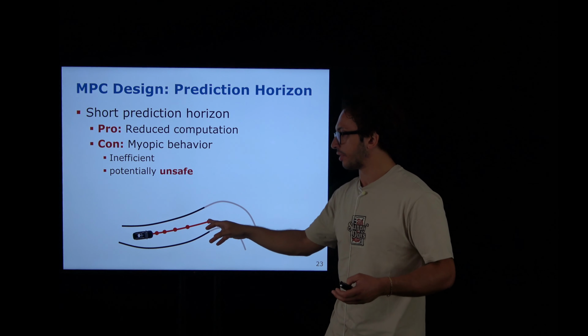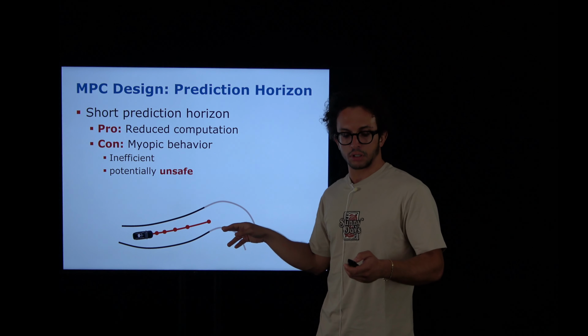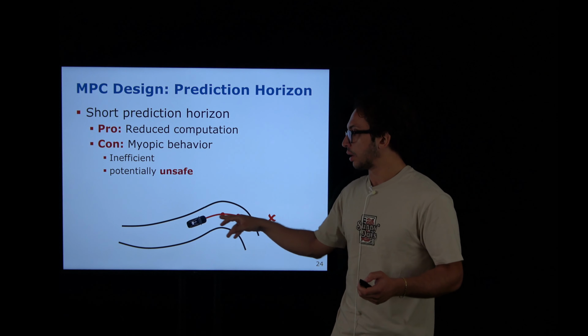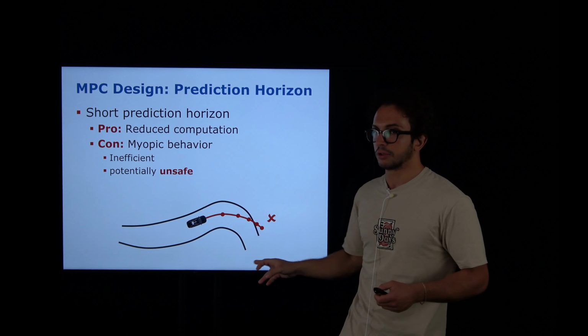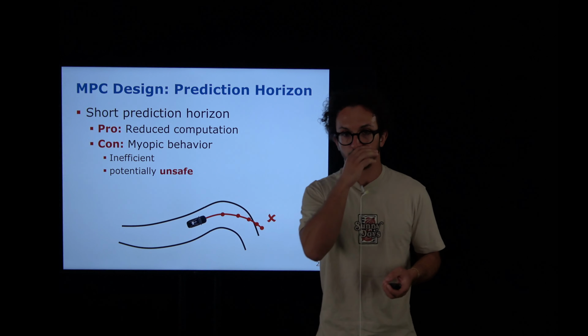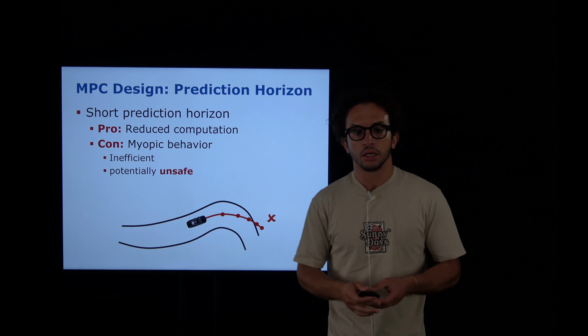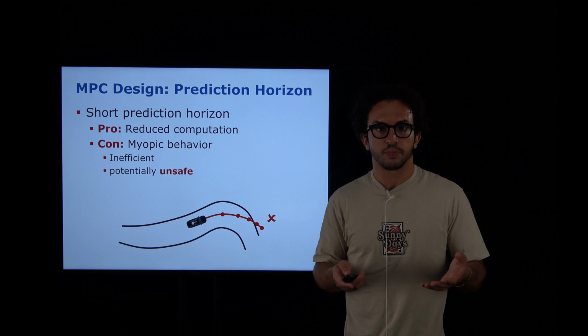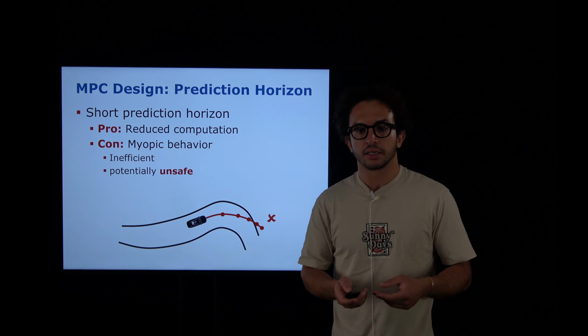That's all we know so far. And at some point we will realize, oh, actually we had to turn. And so now we have to do a sharper turn in order to not go out of bounds and not go out of the path, basically. So it can be unsafe. It can be a problem. So this is something we have to address.